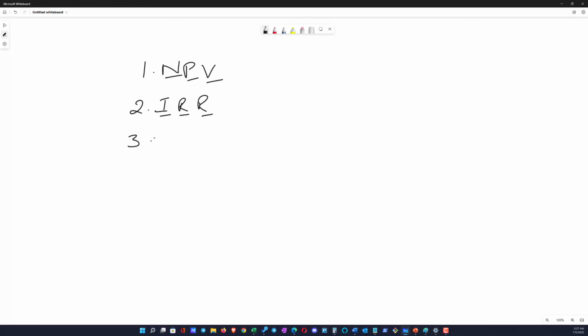The third term is Profitability Index. I'm just writing it as PI, but P means profitability, I means index. The fourth term is Payback Period. Payback Period is nothing but the break-even point. So these are the four techniques that are usually used in capital budgeting.